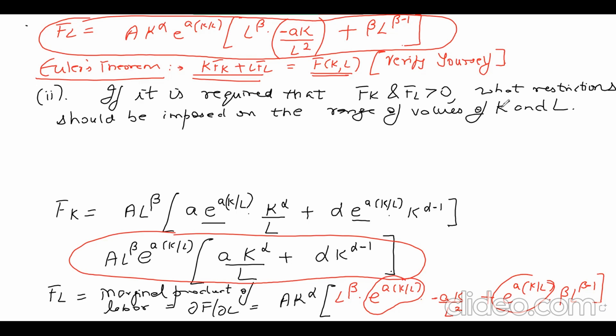If you want FK and FL to be strictly positive, what restrictions should we impose on the values of K and L? Okay, now when will FK be positive?